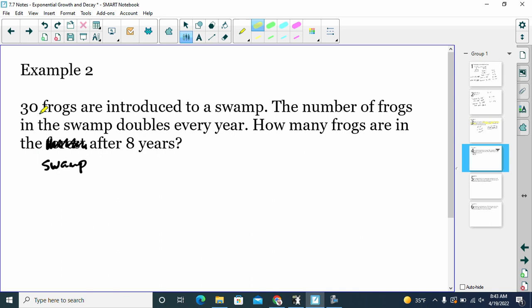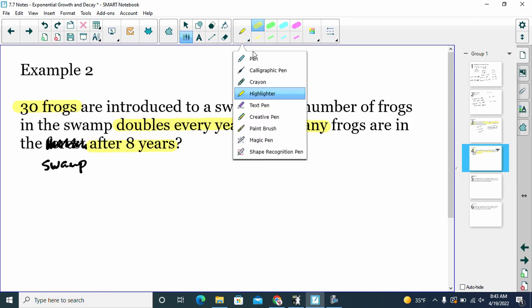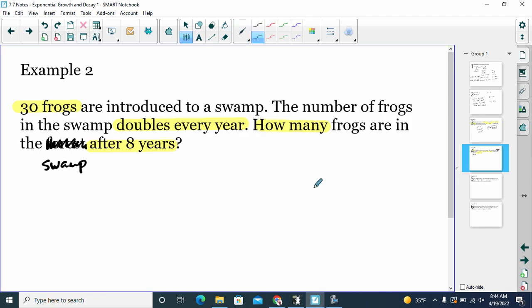So again, the minimum that should be going in your notes, I have 30 frogs. It doubles every year. And we are looking for how many after 8 years. So we are starting with 30. It doubles every year. We want to know how many exist after 8 years.